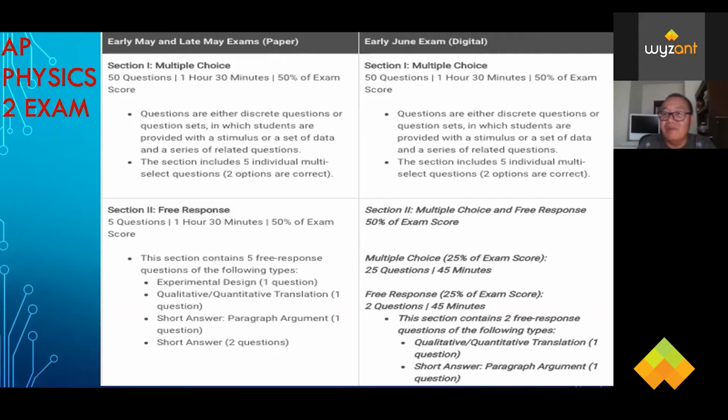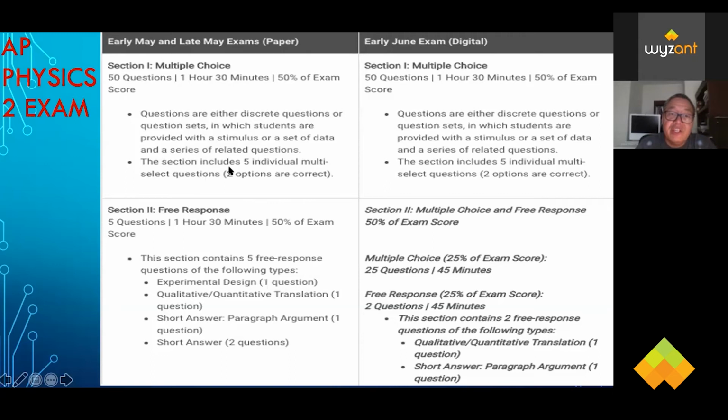A discrete question is only based on one question. They ask you one question, then go to another one. Maybe that's a question set. They give you some description of this problem. After that, they ask you a few questions. That's called a question set, in which students are provided with a stimulus or a set of data and a series of related questions.